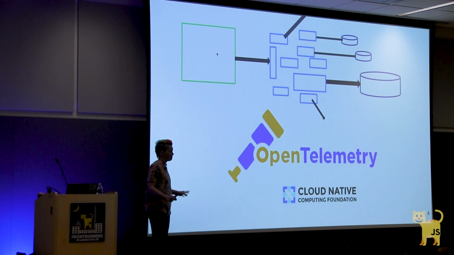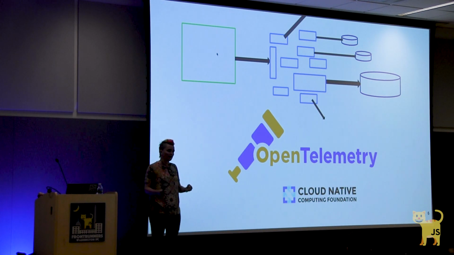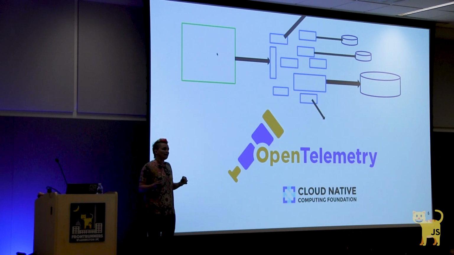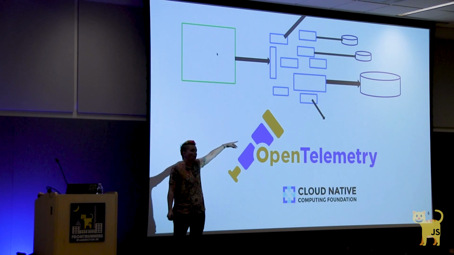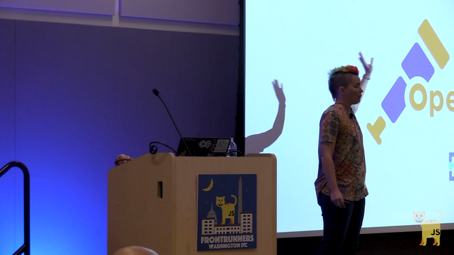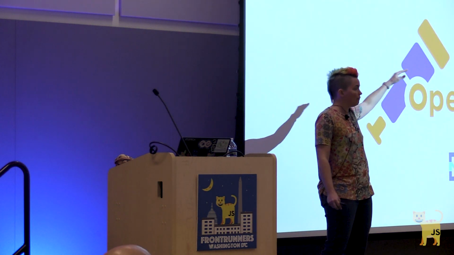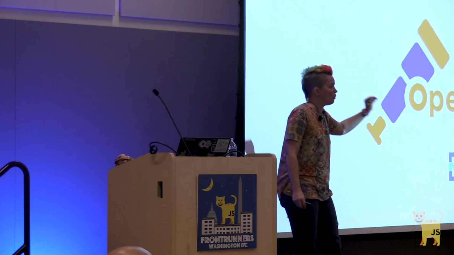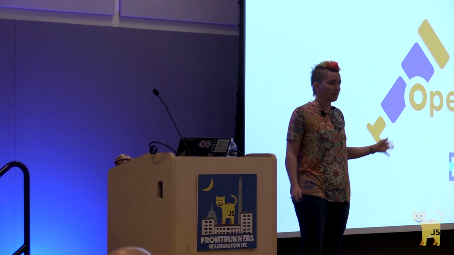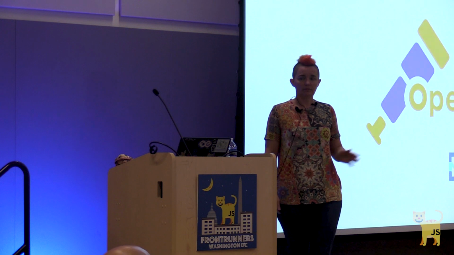I'll talk about some of them. But the objective of OpenTelemetry is to give us the observability we need, the ability to see inside this wider system from front to back in one format, so you can put the data in one place and everybody can talk about the same thing instead of a bunch of different systems.